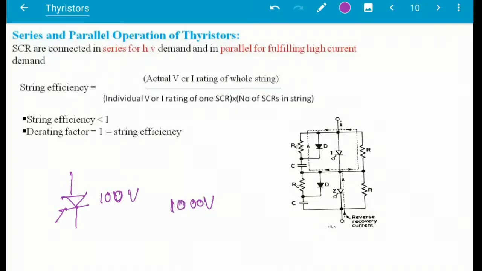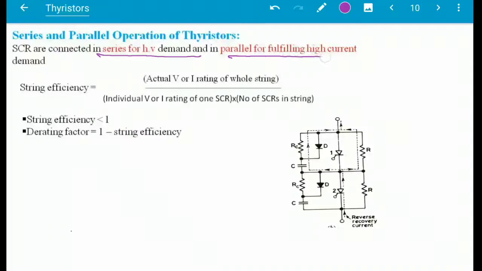If we connect 10 such thyristors, then we can get a thyristor for 1000 volt application. So here I have written SCRs connected in series for high voltage application and in parallel for fulfilling the high current demand.